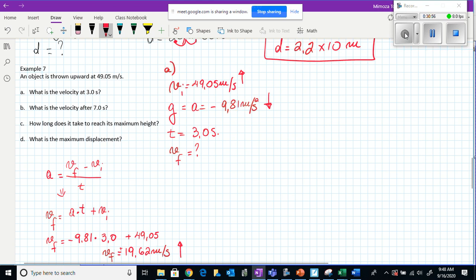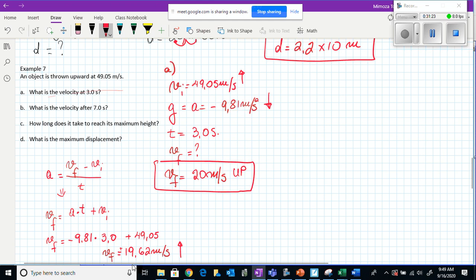Now, this is what the calculator gives you, but in order to express it with the correct significant digits, V final will be equal to 20 meters per second going up. And this will be the final answer.